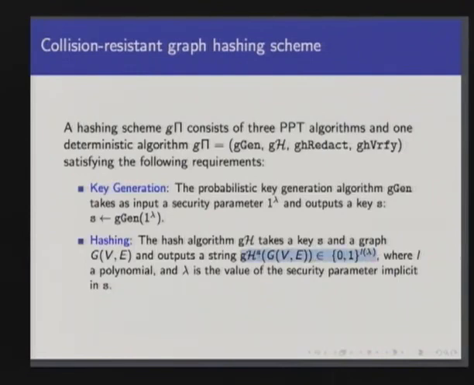We use that key generated in the first step as input to the hash function, and here you can see that to this method we are passing a complete graph which consists of a set of vertices and a set of edges, and ultimately this function returns a binary representation of the hash of that graph.